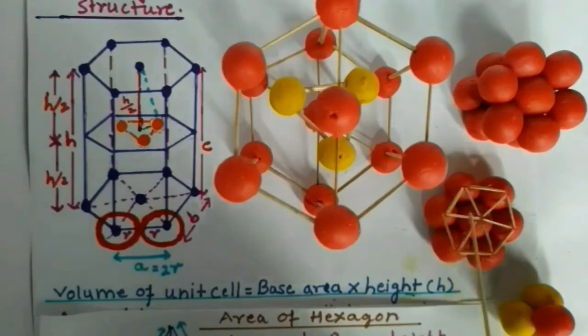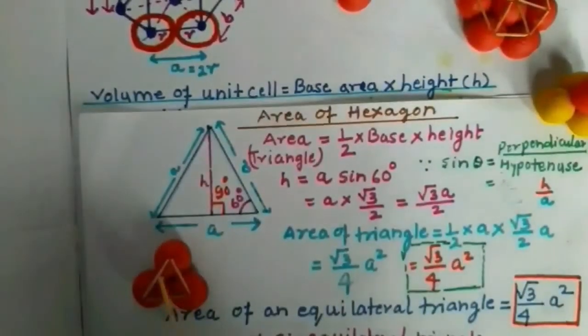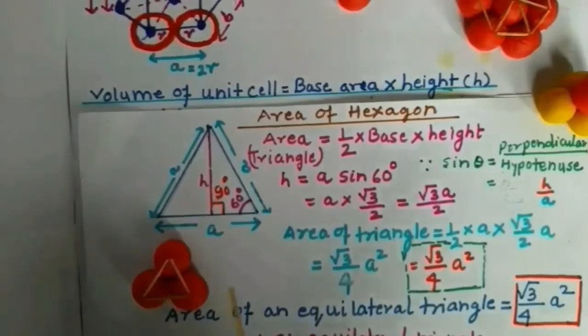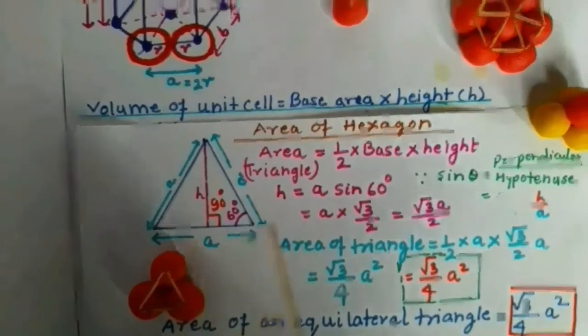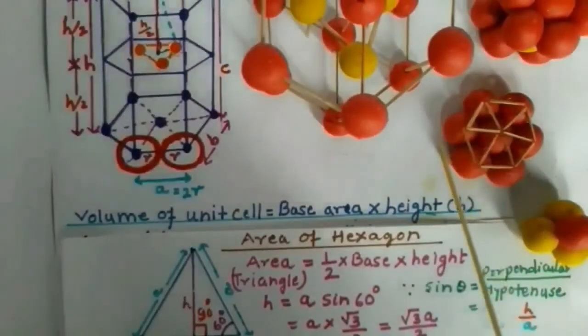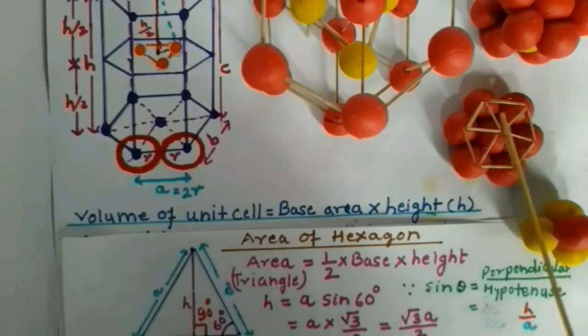All the 3 sides of this triangle are equal to each other, and all these 3 angles are also equal to each other. We can see from this figure. When the centers of these 3 balls are joined together, an equilateral triangle will be obtained. So this hexagon is made up of 6 equilateral triangles.